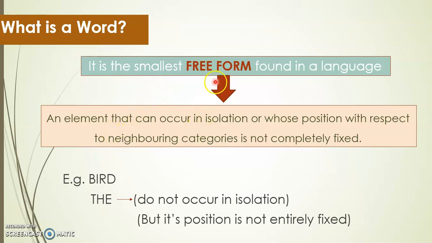By a free form, we understand an element that can occur in isolation, like bird or birds, or whose position with respect to neighboring categories is not completely fixed. So bird as a word is a free form, and then we have the, which does not occur in isolation, but its position is not entirely fixed. I mean, it can occur in many parts of the sentence. It's not in isolation, but not completely fixed.